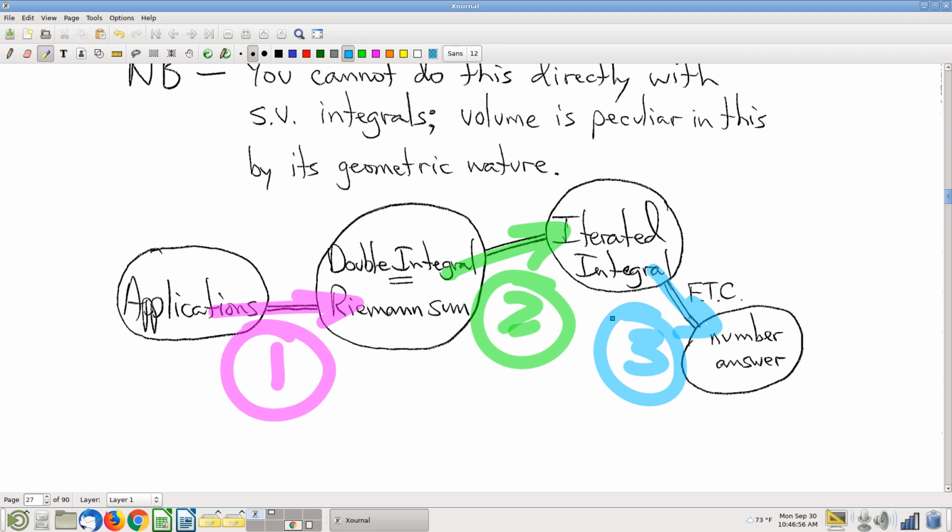Phase 1 arguments are chop it up, add it up kind of arguments, accumulation arguments. Phase 2 arguments, well, those were easy. In the applications we did here, you just look at whatever defines the rectangle, and that defines the bounds on the iterated integral. That's no problem. And phase 3 is pretty much plug and chug, but it has its tricky parts. Phase 3 is where you have to keep track of which variable is a constant, which variable is actually the variable now, and keep track of who's doing what.